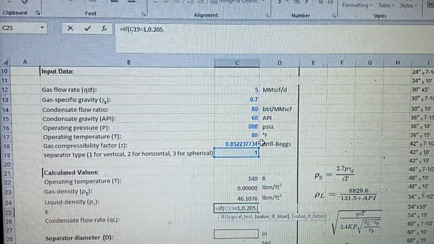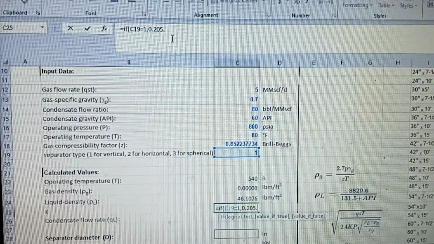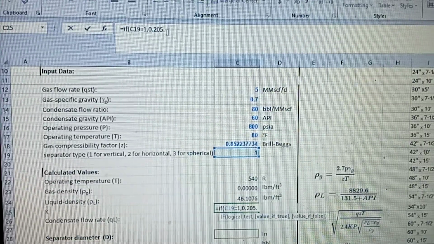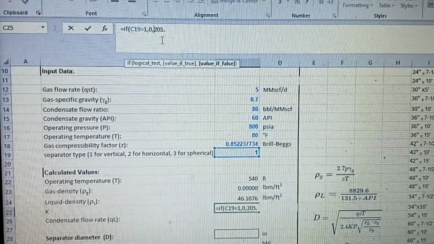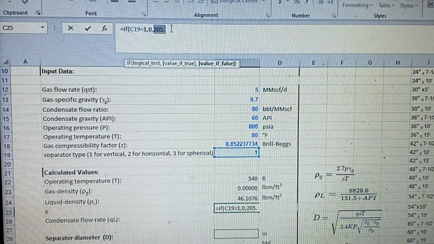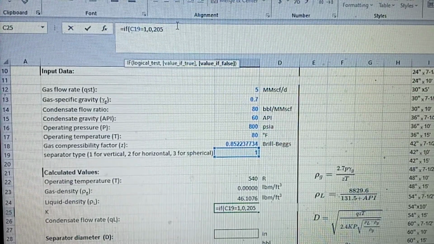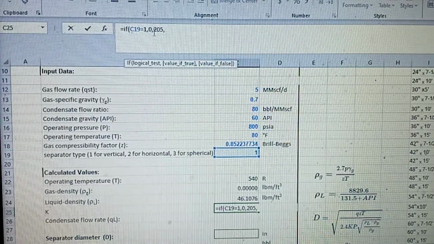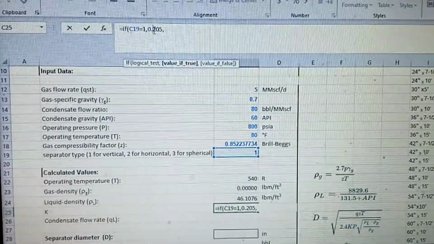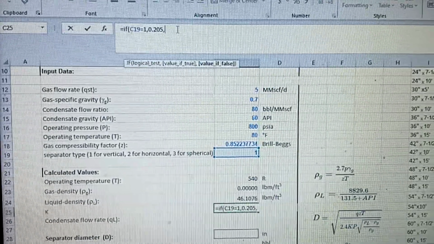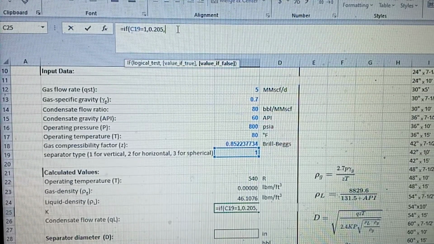Otherwise, I put another comma. Now I still have to test for 2, so I'm going to use another if to test. Okay, otherwise, I'm now going to test whether it's horizontal or spherical.